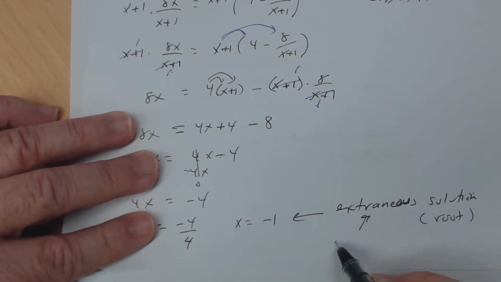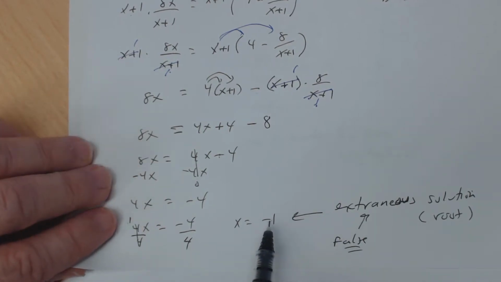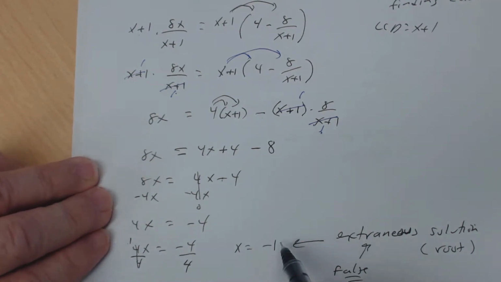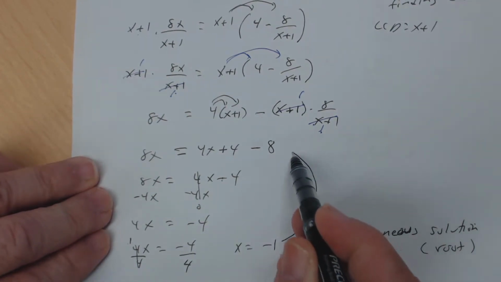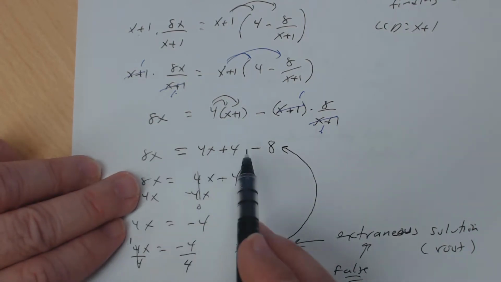Sometimes you just call this, it really means a false root. So basically what happened was this. Negative 1, now here's why it's a false root. Negative 1 is a solution to this equation here, or any of these equations. Negative 1 is a solution.